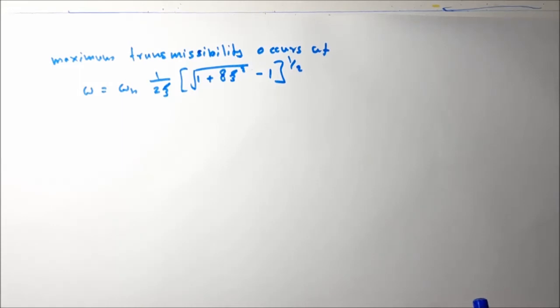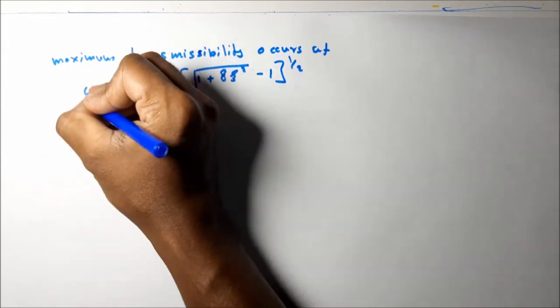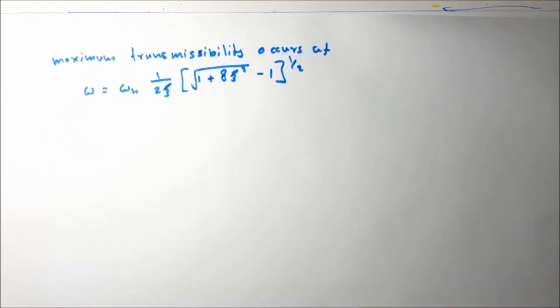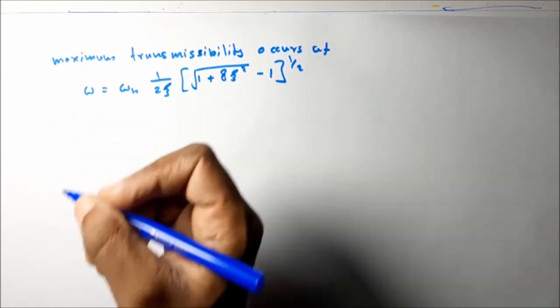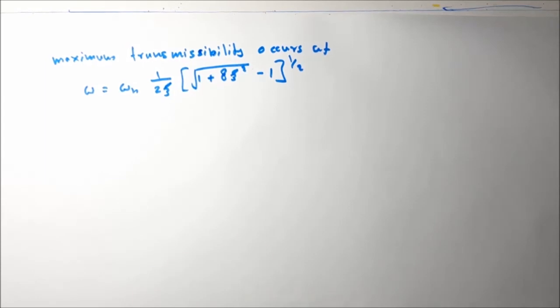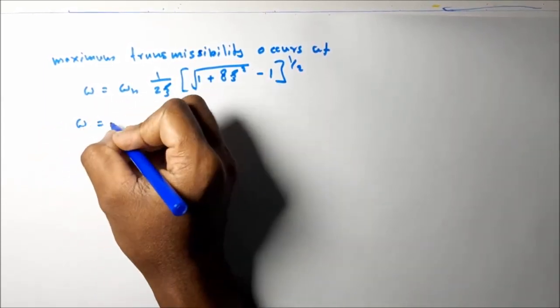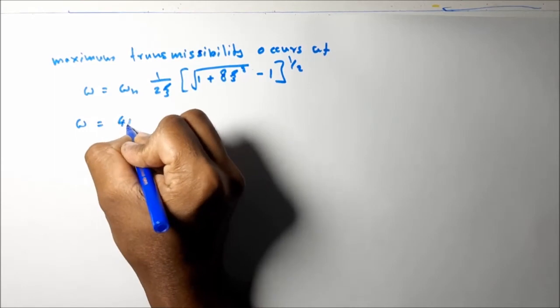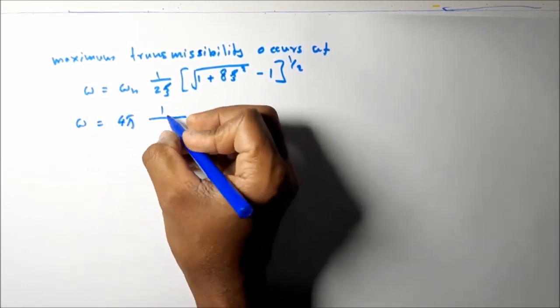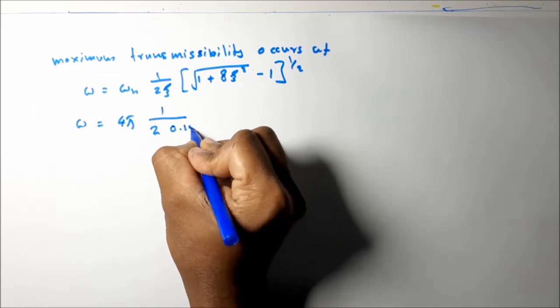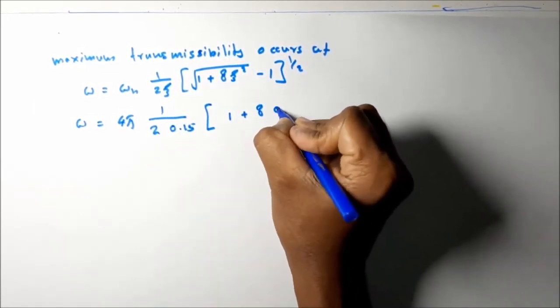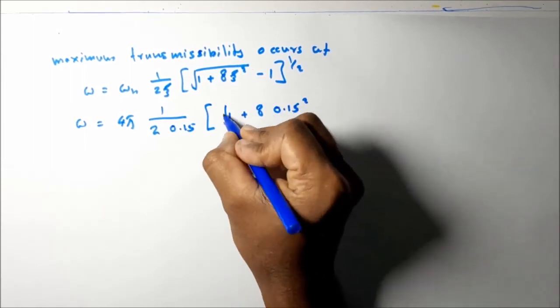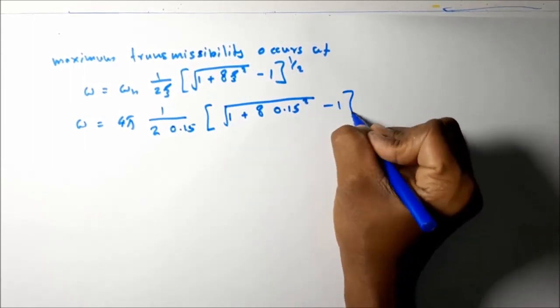Anyhow, using the equation, I am going to find the omega value which gives the maximum transmissibility. If we can find omega, then we can easily calculate the speed of the vehicle. So let's see how to find omega. Omega n is given as data, 451, divided by 2 theta, where theta is 0.15, times the square root of 1 plus 8 theta squared, minus 1, into half.